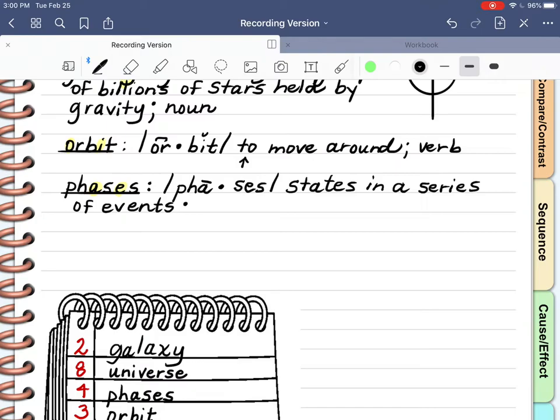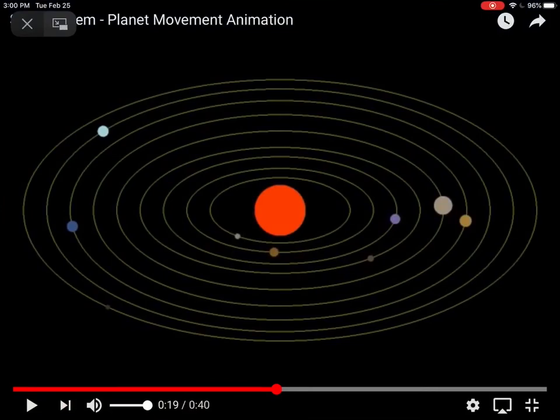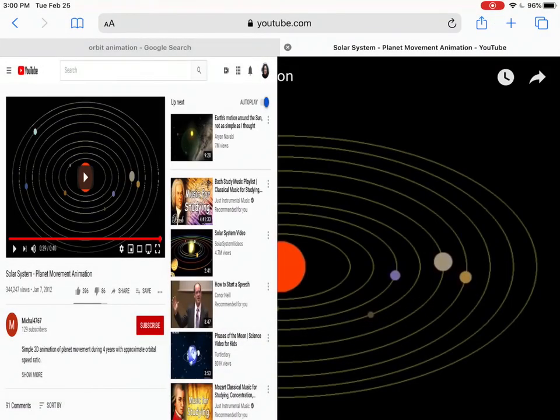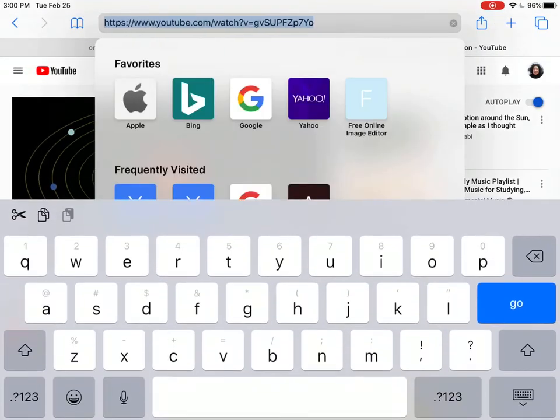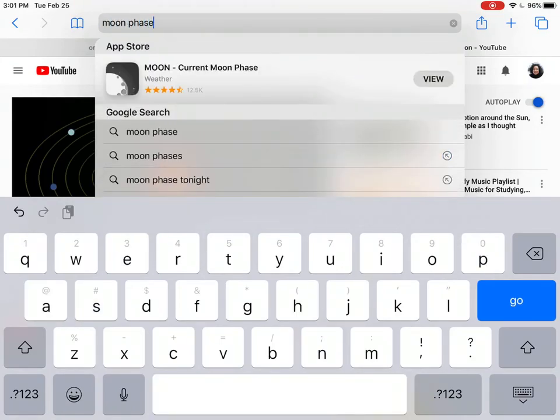And this is a noun. It's a plural noun. Phases. And again, I'm going to give you a picture. Let's go here to look at the moon phases. So I'm just going to type moon and then the word phases.